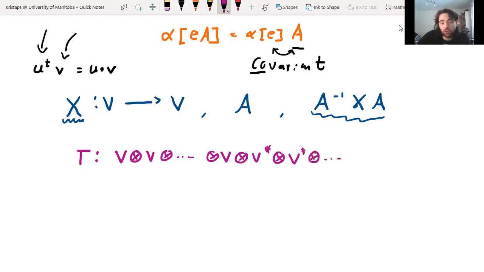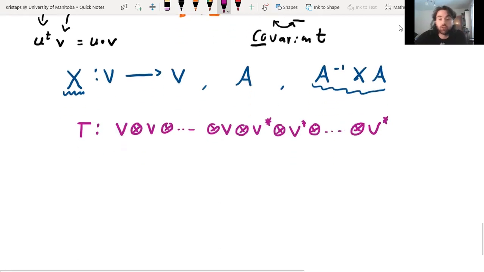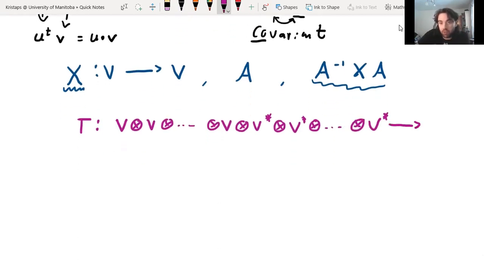And remember, we don't have to put the braces anywhere because it's associative. So we can just think about this as some sort of continued tensor product of vectors. So it's going to be a linear map, say into the real numbers. Again, secretly, this all works for any field. And in fact, modules over a principal ideal domain is basically where linear algebra really happens.